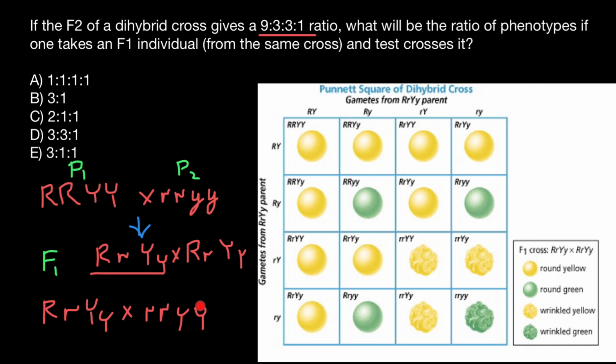So when we look at such a parent, we know that its genotype is going to be small r, small r, small y, small y. But when we look, for example, at this or at this parent, we don't know the genotype. It can be this, it can be this. So we test cross it.